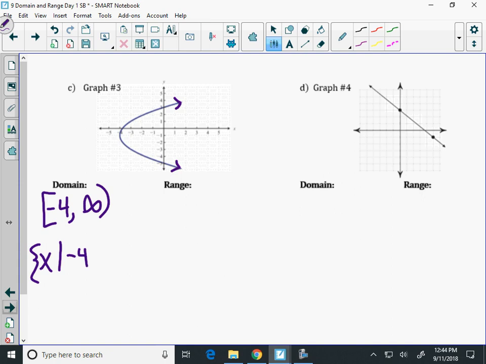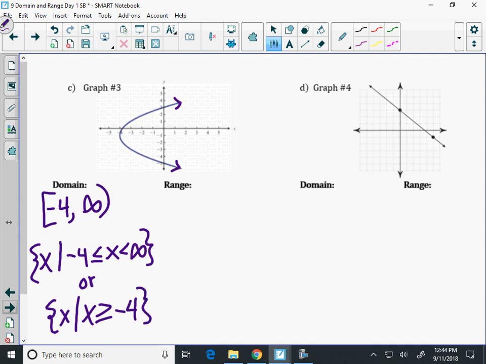You could do -4 less than or equal to x is less than infinity. But while it's acceptable, it's not really formal math to do an inequality with infinity. Can you guys think of a way that I could write the inequality that doesn't have that infinity there? Yeah, x such that x is greater than or equal to -4.